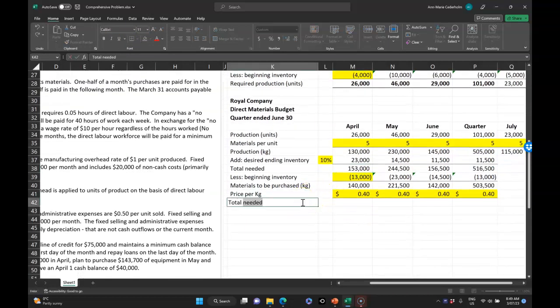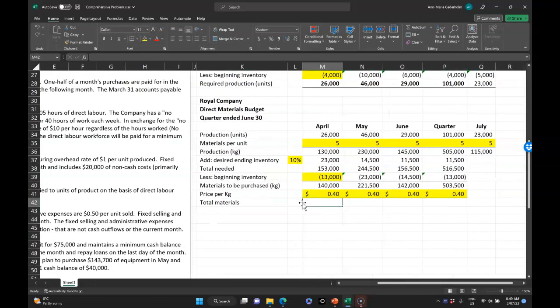So now my total materials, if we do 140,000 times 40 cents, that gives me 56,000. And you just do the same thing with all of them.